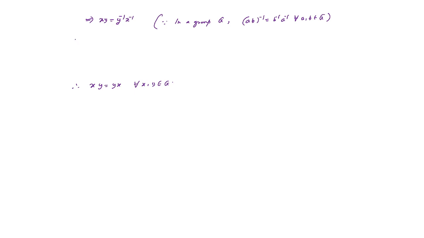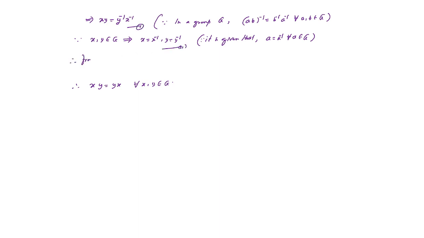Now since x, y both belong to G, that implies x equals x inverse and y equals y inverse. Why? Because it is given that a equals a inverse for all a. So by the given property we can write this; this is 1, this is 2.